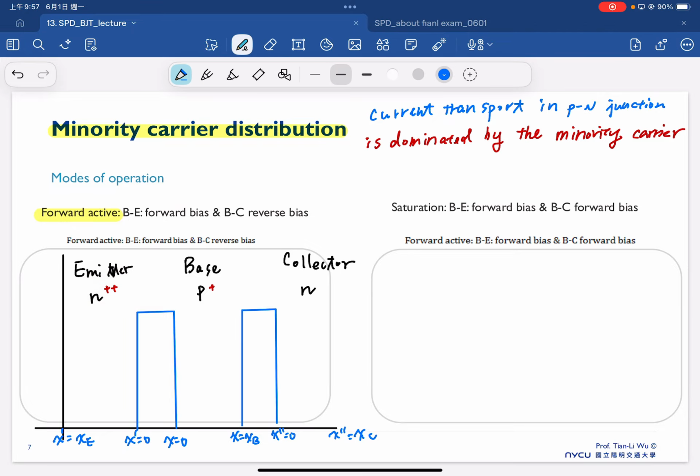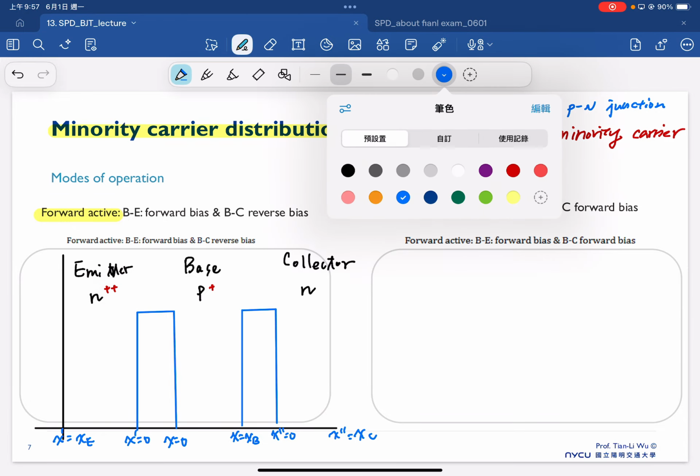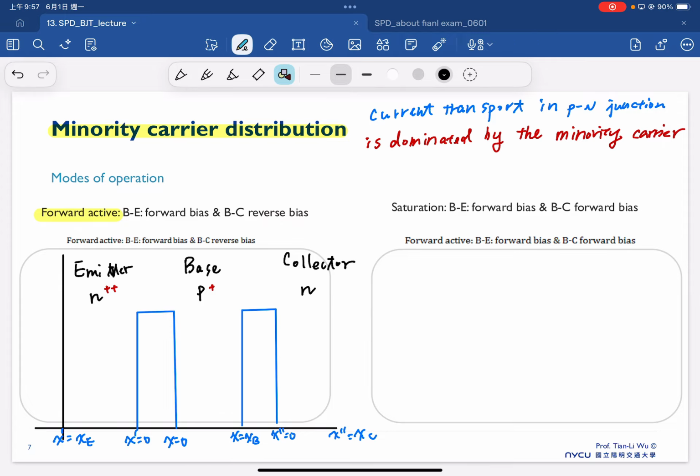If we plot the minority carrier, which is the hole in the emitter, it will be at this level, the hole concentration in the emitter region, which is PE0 in the equilibrium case.